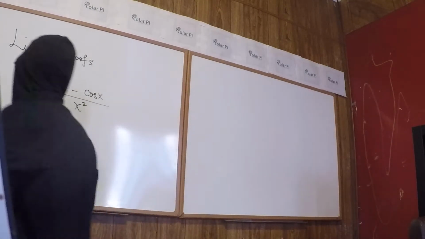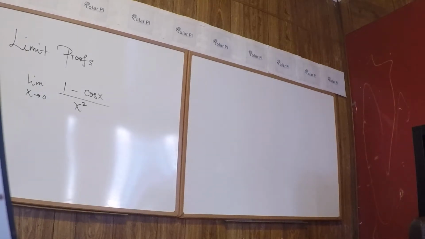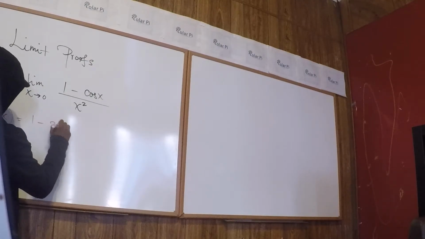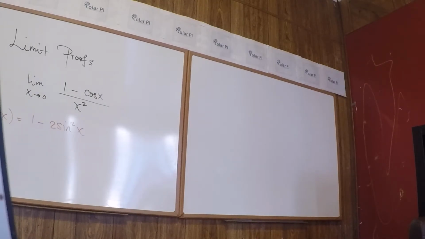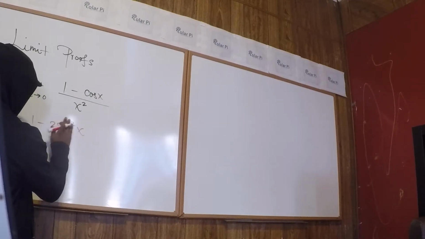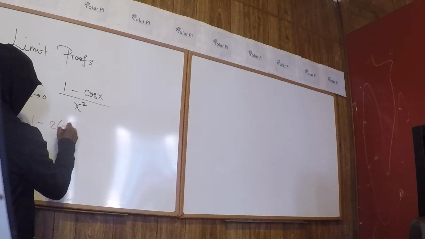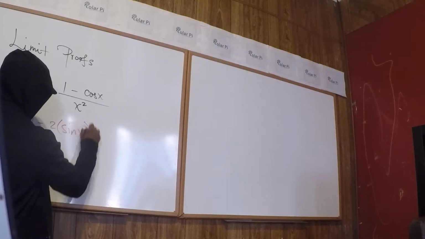Recall that there are 3 different formulae for cosine 2x. One of them says cosine 2x equals 1 minus 2 sine squared x. It's that 2 that I left out in the first recording, and hence why I have to record it a second time. And sine squared x means sine x whole squared.